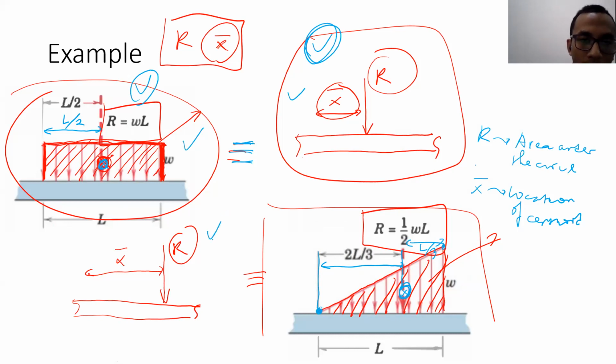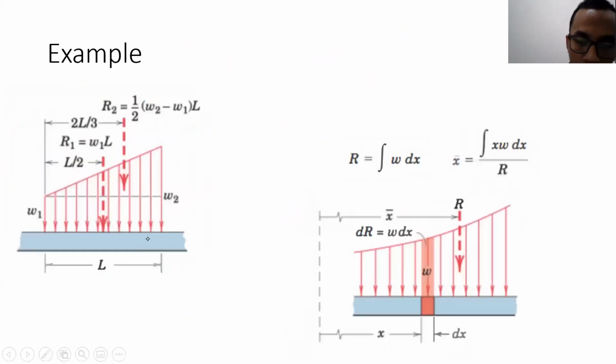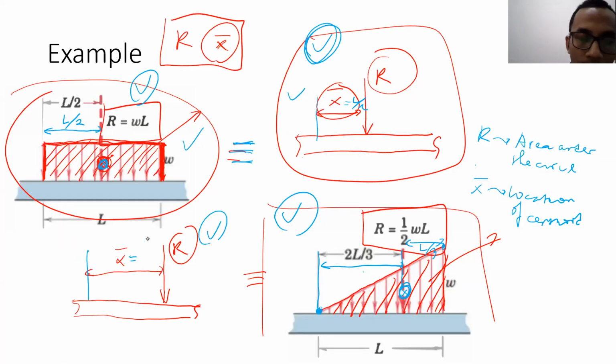This one as well. So this x bar from the left is supposed to be L/2. This x bar from the left is supposed to be 2L/3, like that.